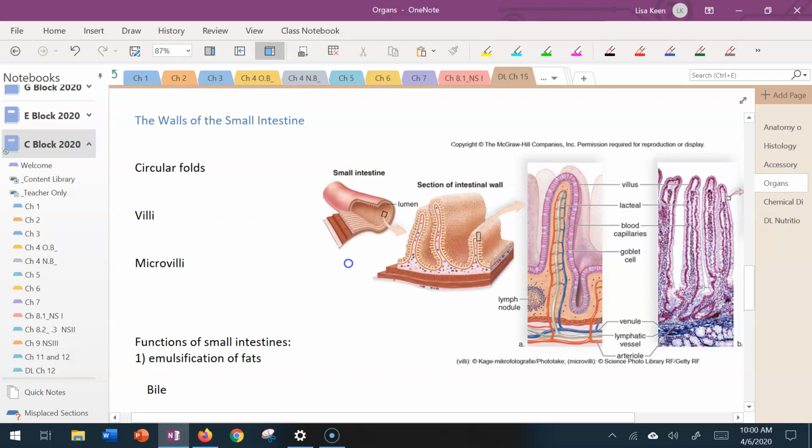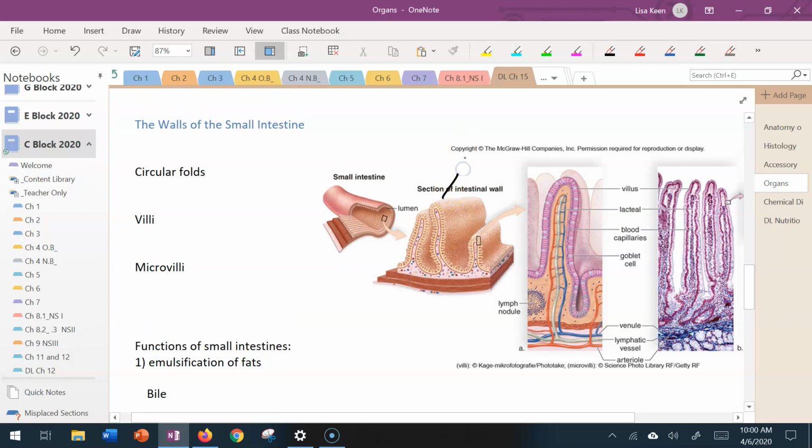If you were to take a section of this, put it on the microscope, and look at it on the red or low objective at around 100 times, you could see each of the velvety circular folds. But if you were to focus more on a section of the velvety folds and look at it on, say, the yellow objective lens at 400 times, you would see a single villus.